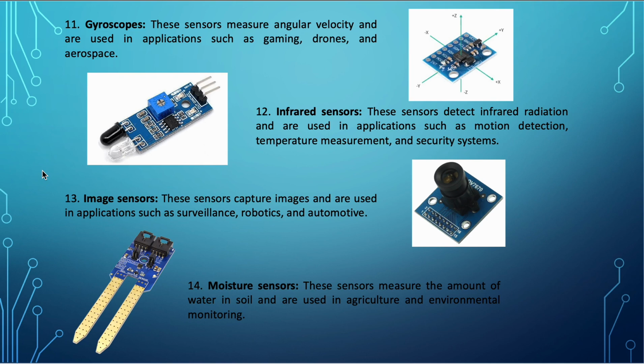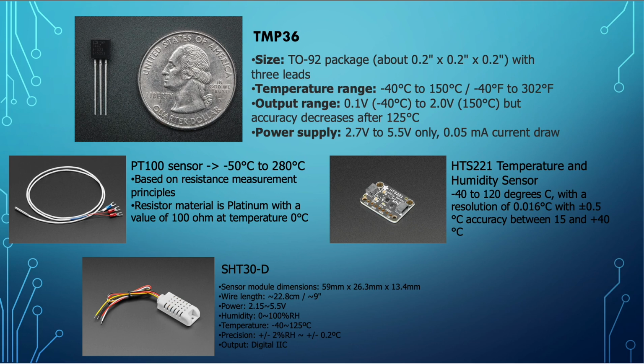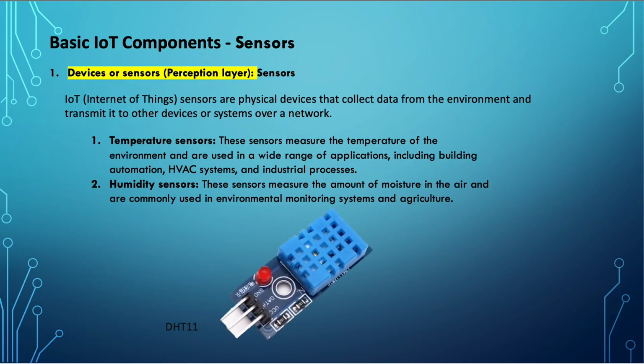Number two, when talking about a sensor category, these are sensor categories. There are many types of products in the market. I gave the examples for temperature sensors over here.